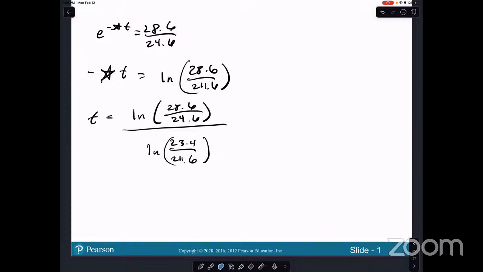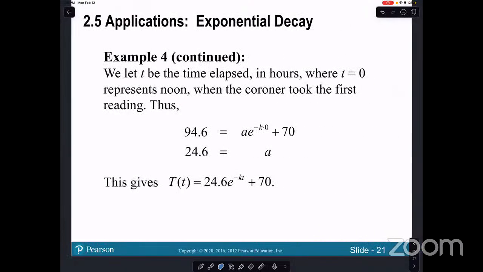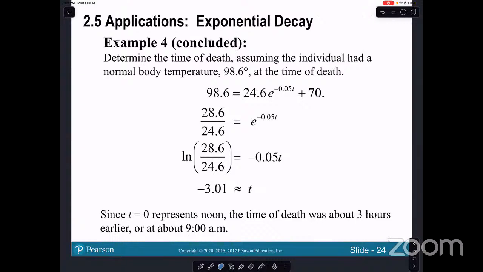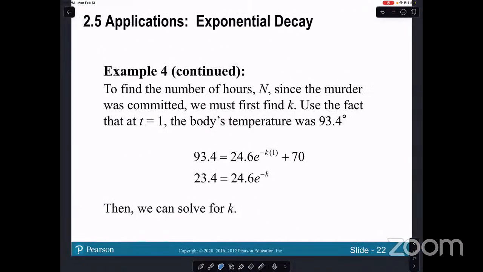I feel like we might be missing a negative. Let me see. So we got this, we got that. The K was the negative of that. I think we got an extra negative in there. No, no, they did it. Let's keep going. Right here. 28 over 24. Yeah, we got that.